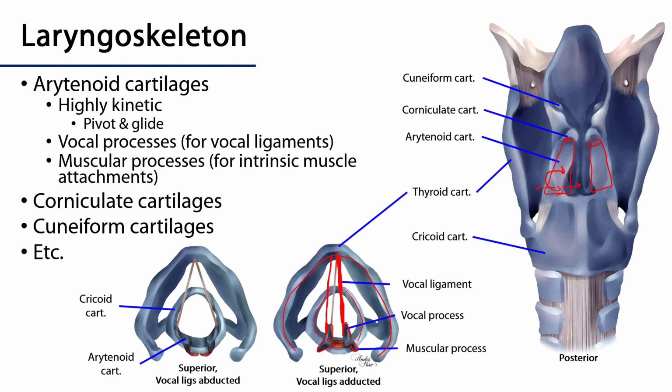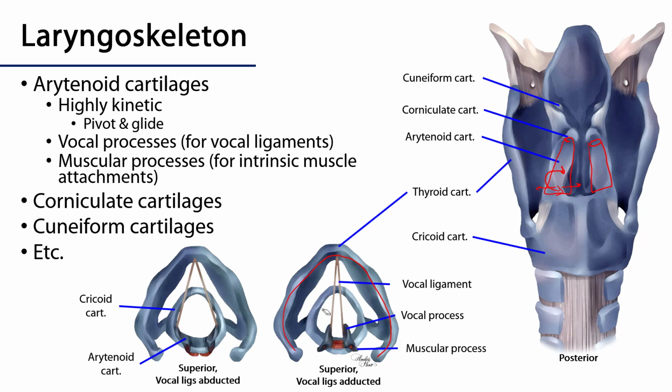And then finally, we have the muscular process here. Some, not all, but many of the intrinsic laryngeal muscles are going to attach to that muscular process. And so here we can see here, let's erase this so that we can truly see this.